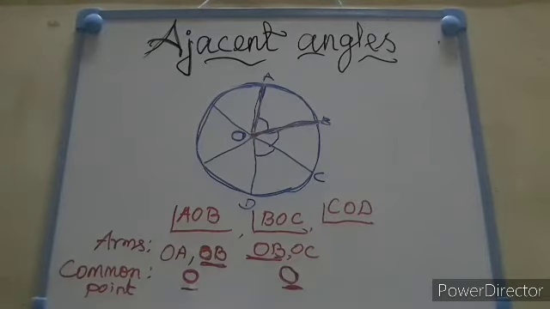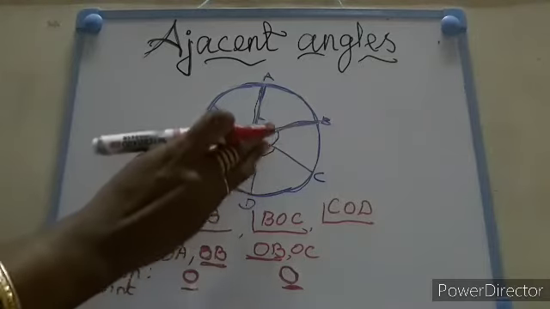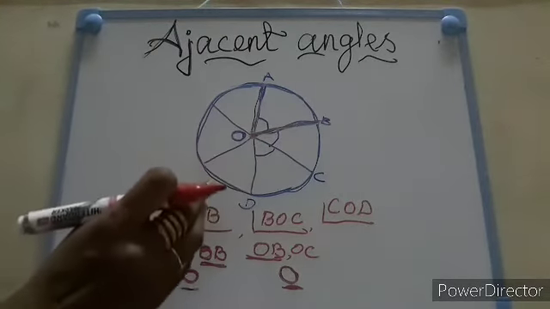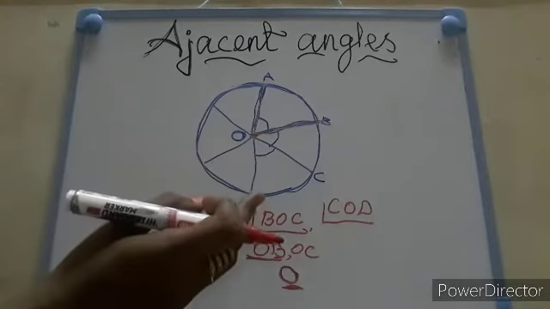One more thing you have to look at, whether it is adjacent or not. Look here, OB is common for both, but it's not interior to any other angles, right? OB is only common for these both angles.